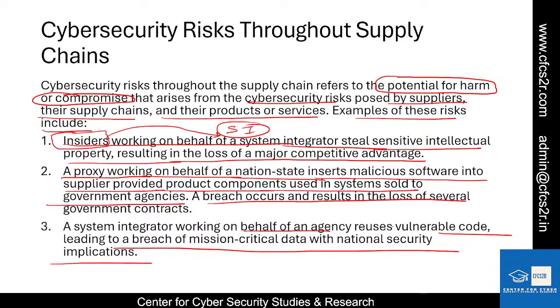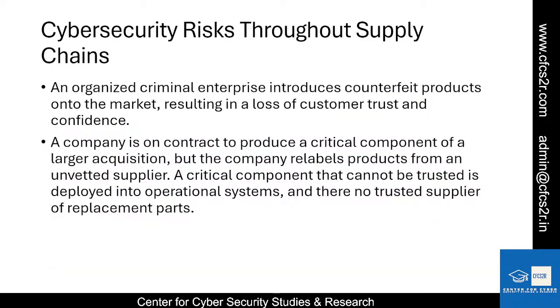Then there are more issues related to relabeling. Organized criminal enterprises introduce counterfeit products onto the market, resulting in the loss of customer trust and confidence. So these types of issues can also be there.